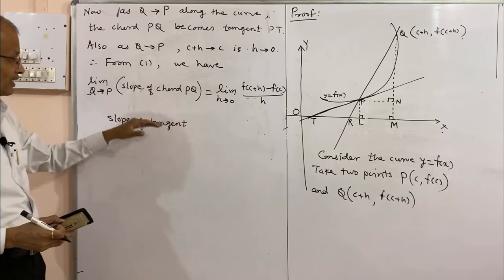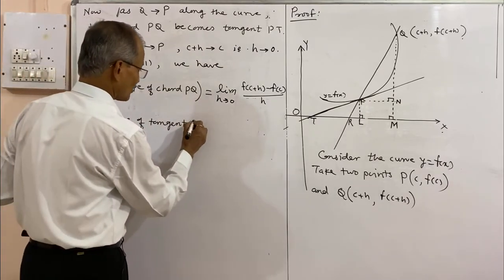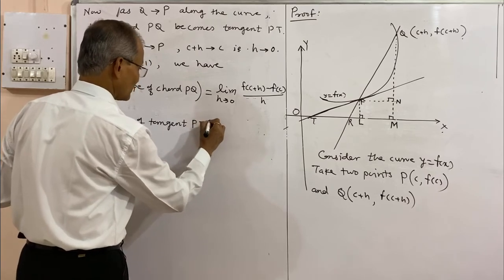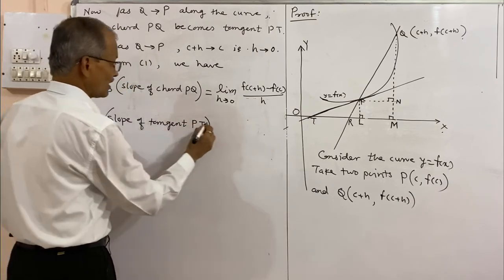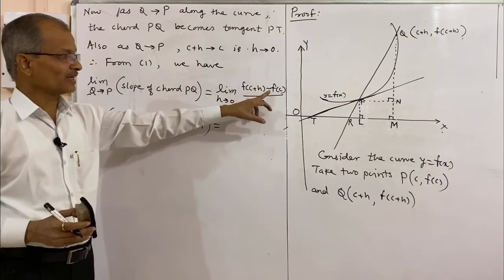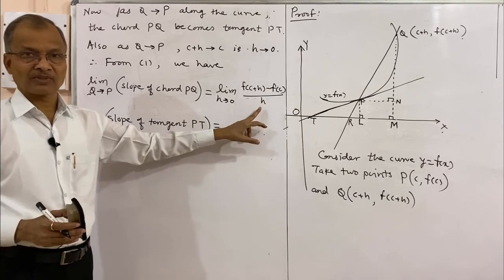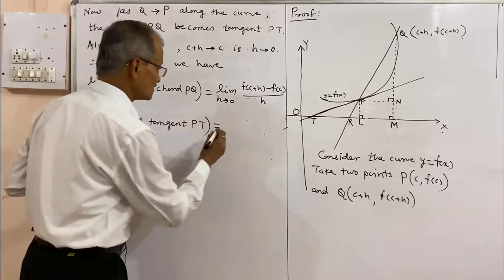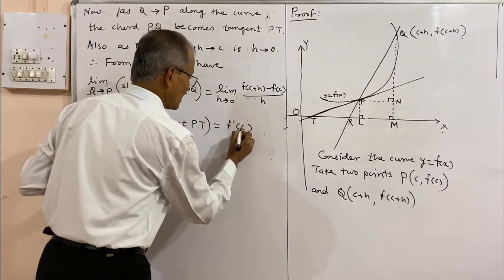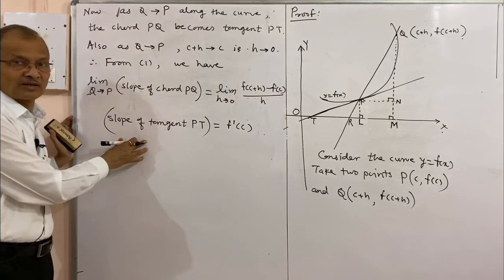So the slope of tangent PT is equal to limit h tends to 0, f of c plus h minus f of c divided by h. This is the definition of derivative, f dash of c. And thus f dash c represents the slope of tangent at P.